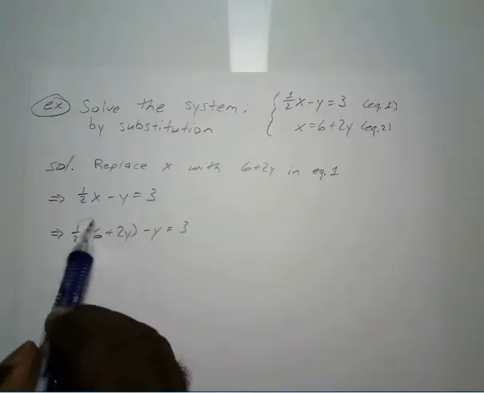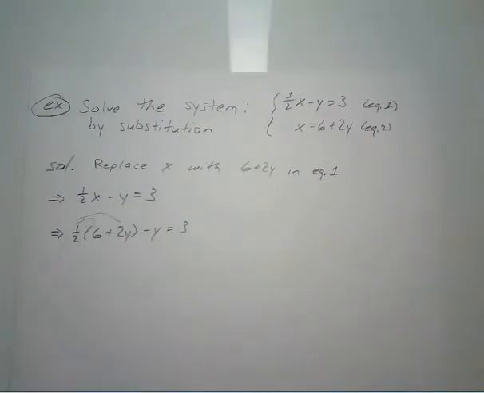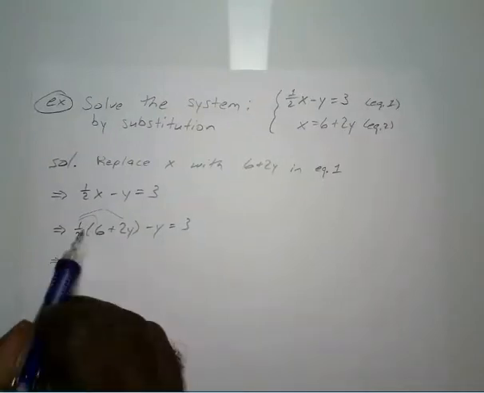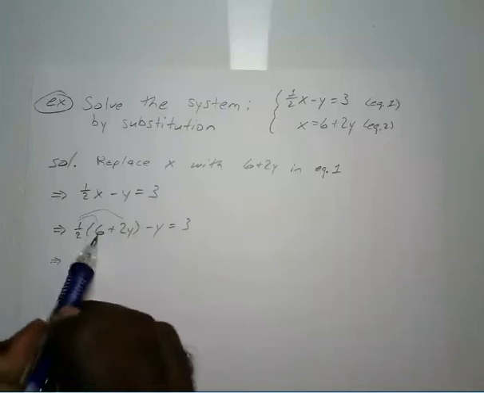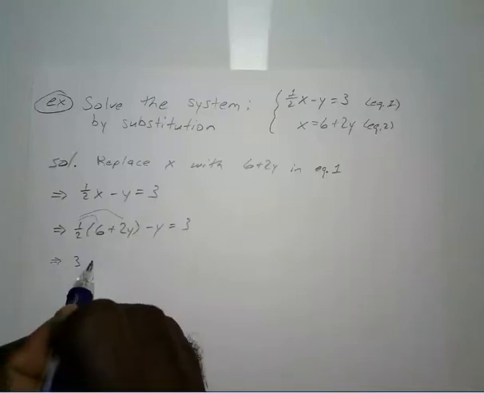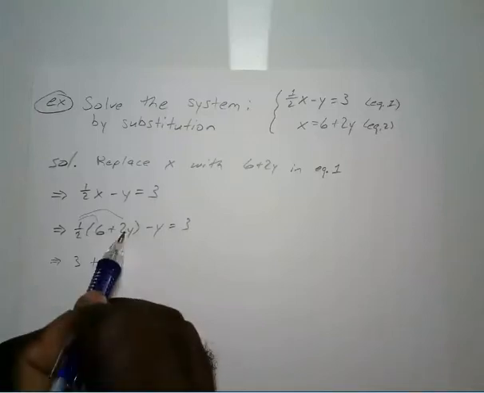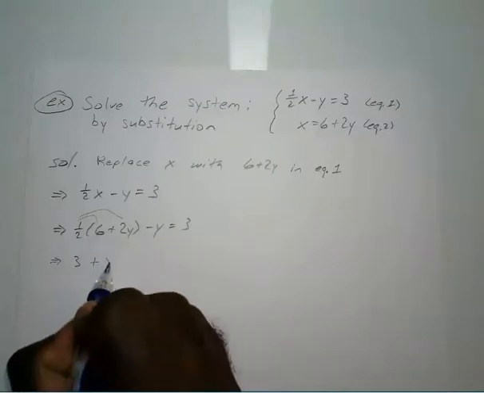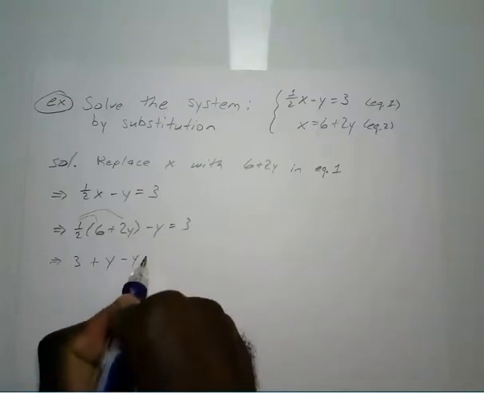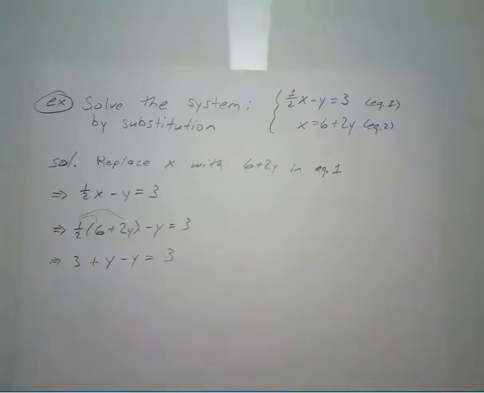Okay, so we can go ahead and distribute that 1/2 because we want to try to solve for y. Okay, so 1/2 times 6, or 6 divided by 2, is 3. Plus 1/2 times 2 is 1, so we have 1y, or just y, minus y equals 3.